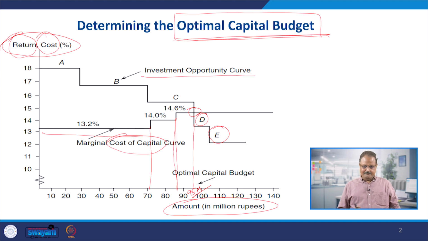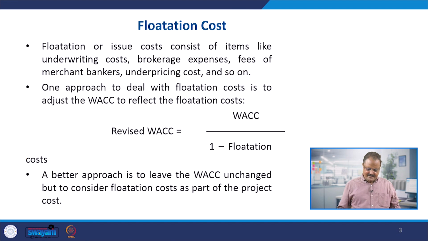But if the reverse happens, that the expected rate of return is lesser than the marginal cost of capital, then it's a loss-making proposition, and we should not indulge in that kind of investment. So this is how we can decide the optimal capital budget with the help of the cost of capital or the marginal cost of capital.